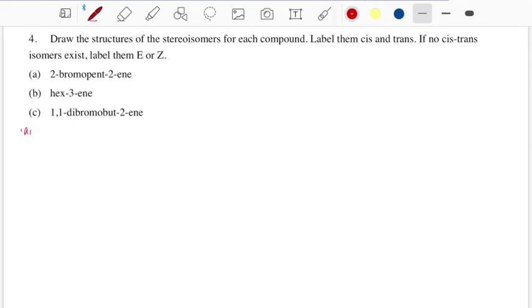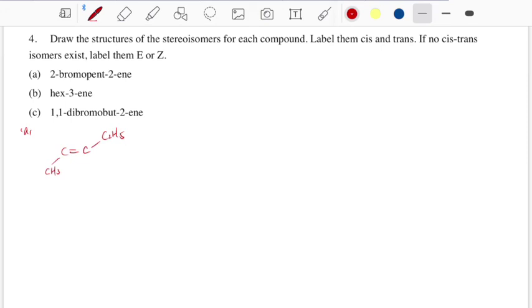First example, we have 2-bromo-pent-2-ene. If it's pent-2-ene, that means it should have 5 carbons in the longest carbon chain, and the double bond should be between carbon 2 and carbon 3. So let's draw the longest carbon chain. Between 2 and 3, that means here we need a methyl group, and here we need an ethyl group.